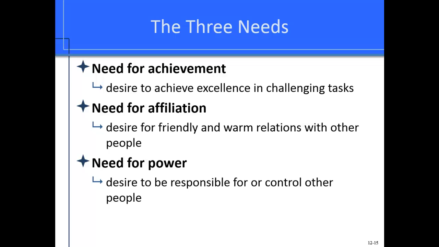Now, McClelland associates the three needs with different sets of work preferences. The need for achievement: you're happy with accomplishment of a task being its own reward, don't mind or even prefer working alone, and are willing to take moderate risks. People high in need for achievement tend to advance in technical fields requiring creativity and individual skills. And the need for power: you enjoy being in control of people and events and being recognized for this responsibility.